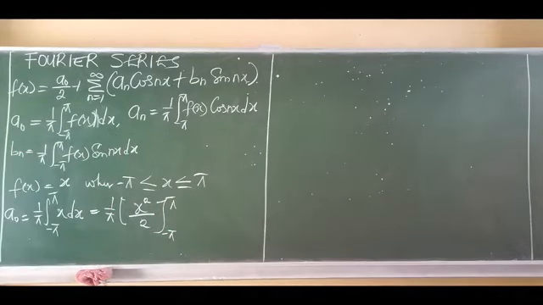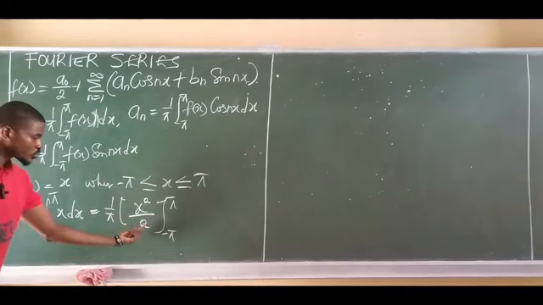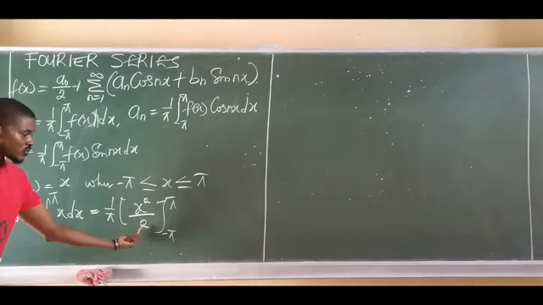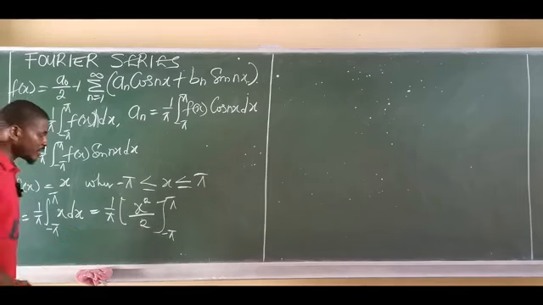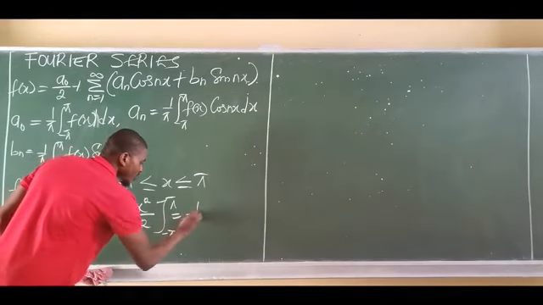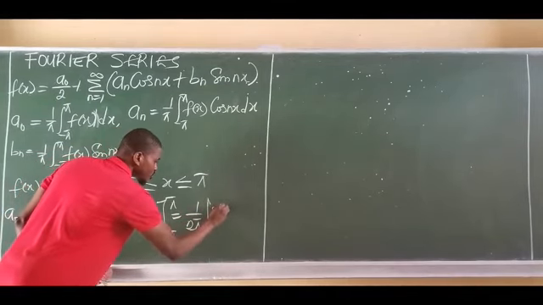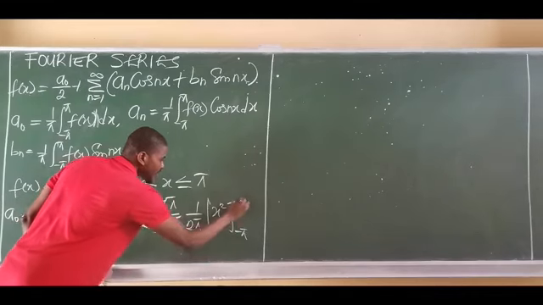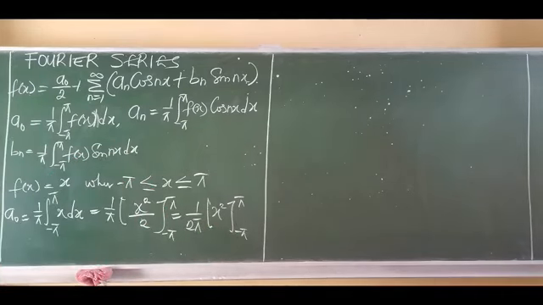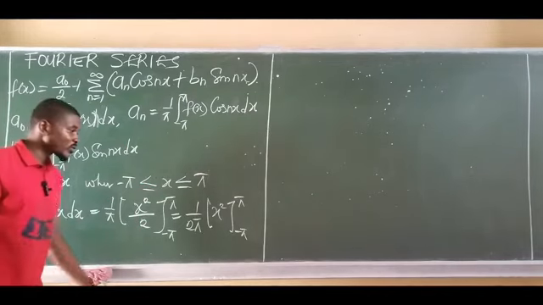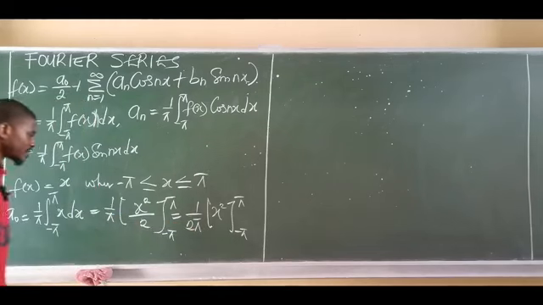You can also choose to factor out 1/2 by pulling out the 2 here. This becomes 1/(2π) times [x²] from -π to π. Now you put in your limits, upper limit minus lower limit.